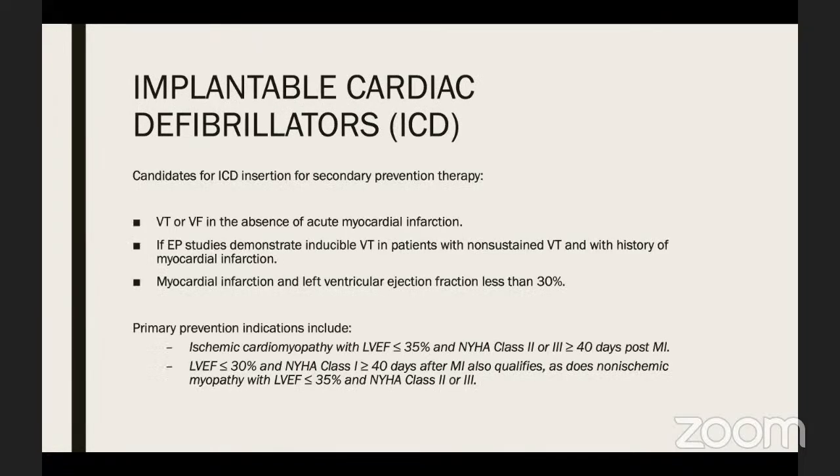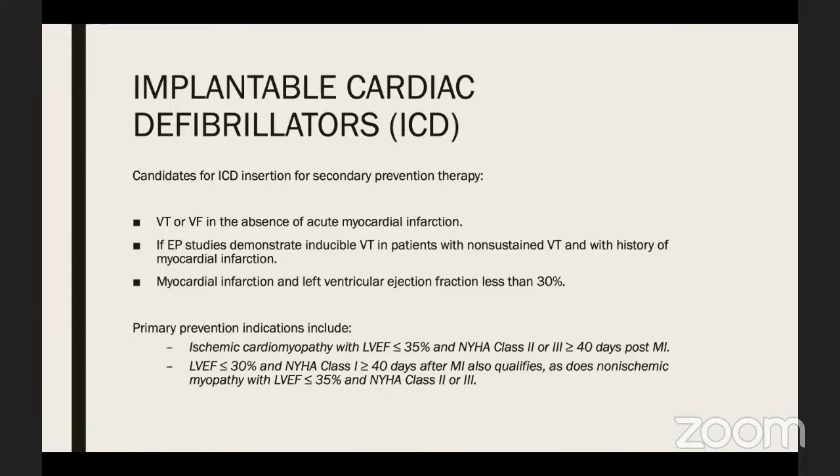The candidates for ICD insertion for secondary prevention therapy are patients who had VT or VF in the absence of acute MI, or if an EP study demonstrates inducible VT in a patient with non-sustained VT and a history of myocardial infarction and left ventricular ejection fraction less than 30%.